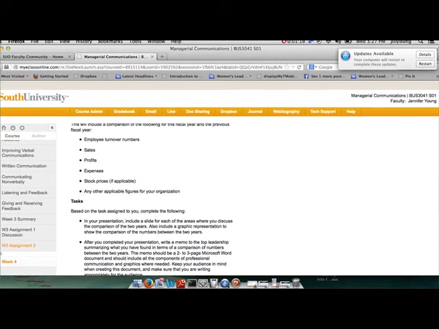Basically, what you need to understand about this assignment is not the information, it's not the content per se that is important. It's how it's communicated, how it's presented. That is what I'm looking at.